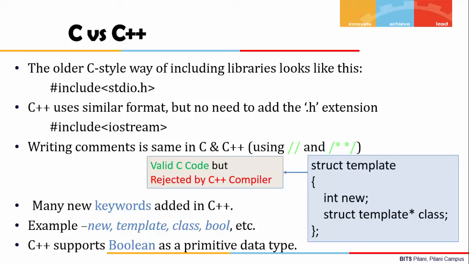It is rejected by the C++ compiler, since the keywords template, class and new are reserved. In C++, bool is a built-in type and reserved keyword.